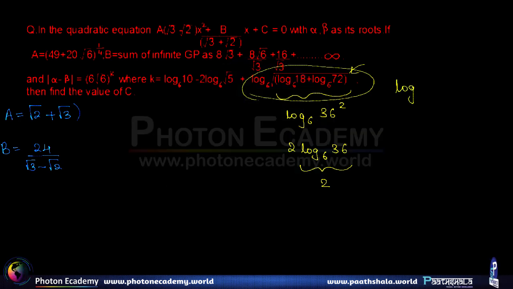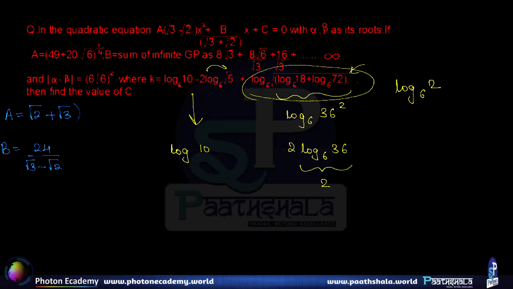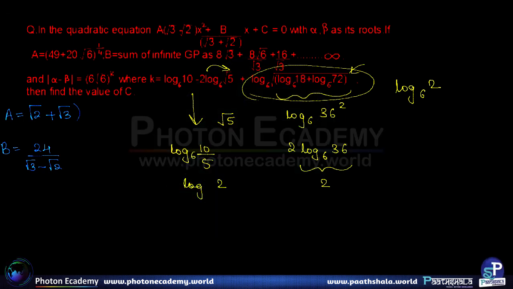So we will finally be left with log to the base 6 of 2. And over here we have log to the base 10. The 2 will go inside and it will square the under root 5. So we have log 5 to base 6, and this will become log 2 to base 6.